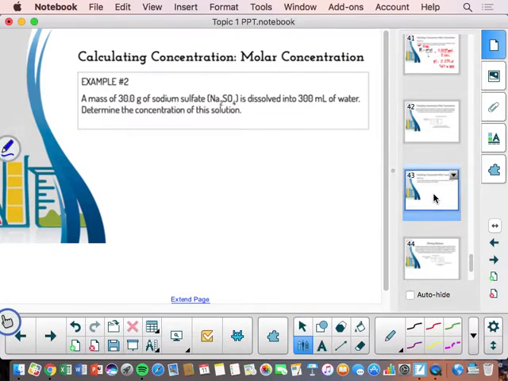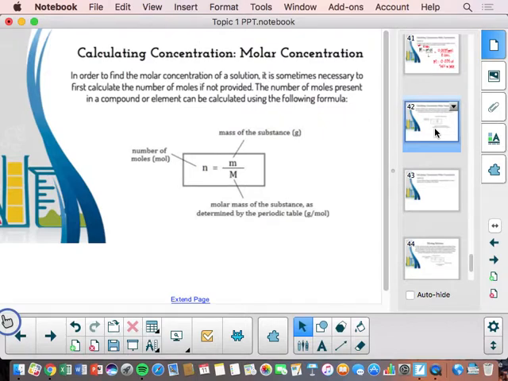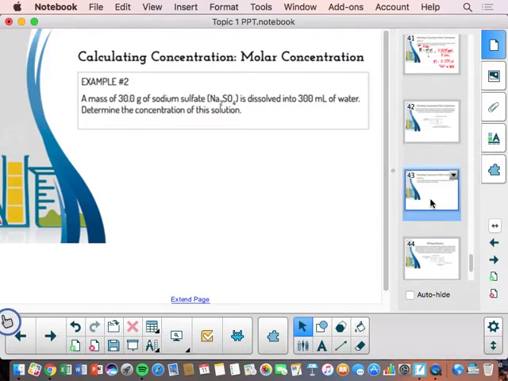It says a mass of 30 grams of sodium sulfate is dissolved into 300 milliliters of water. Determine the concentration of the solution. So if I go back here, we're using n is equal to little m over big M: mass of the substance divided by the molar mass. So I'm going to write that here.